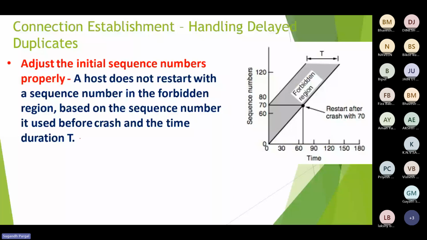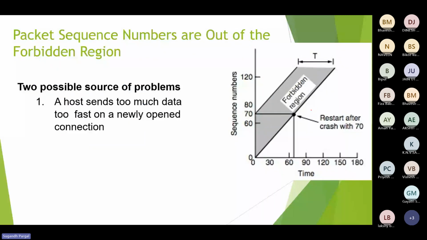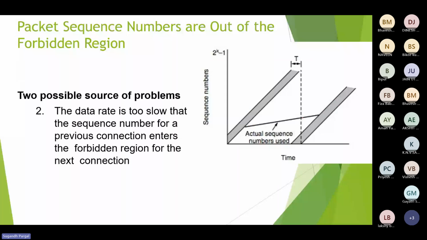Then if it starts after this, there will be two possible problems: that the host sends too much data too fast on a newly opened connection. There might be a case that the rate of transmission of the source is this, and the rate of transmission of the other source is this. If it is parallel to this, however, it is transmitting very fast.